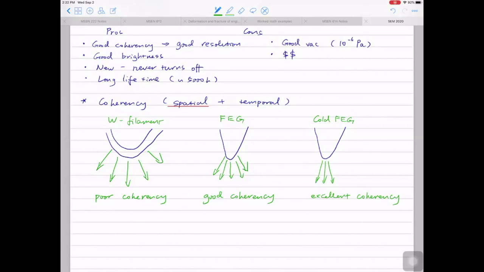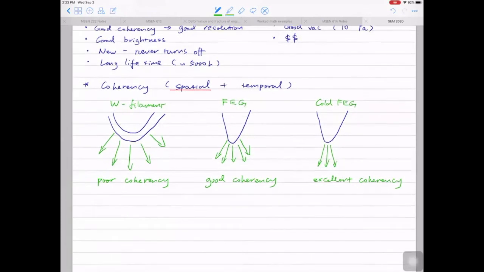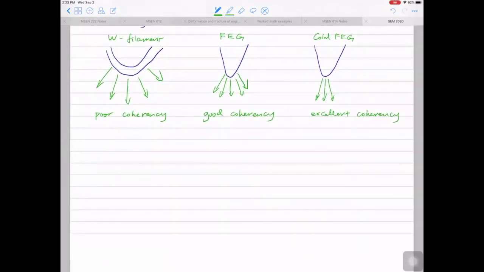So your resolution is limited not by the beam, rather it's limited by the interaction volume. But that's a good question. Having a good beam is the first step of getting good images. Any other questions about coherency and why better coherency leads to better resolution or better spot size?